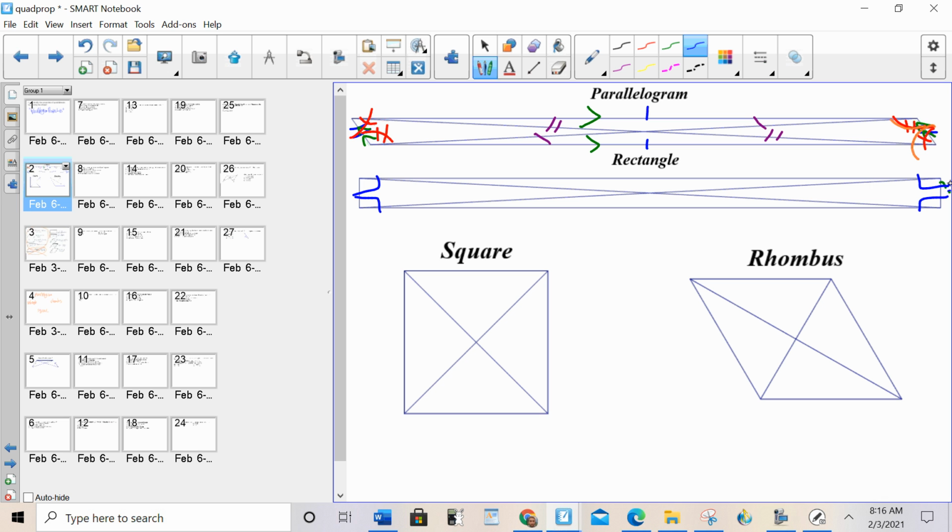So, if I want to prove that a parallelogram is a rectangle, if I show that there's a right angle, that makes it a rectangle. Not all parallelograms are rectangles, but all rectangles are parallelograms, because for it to be a rectangle, it's got to have a right angle. The other property, it's kind of hard to see in this picture, but the diagonals are congruent. This diagonal is congruent to this diagonal.